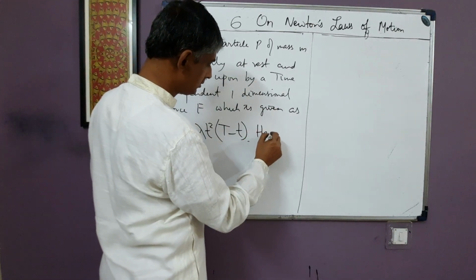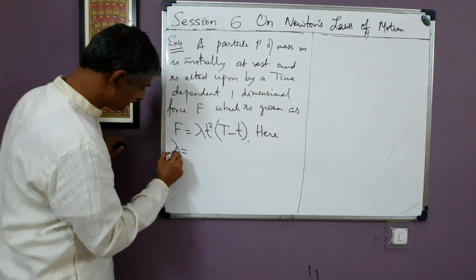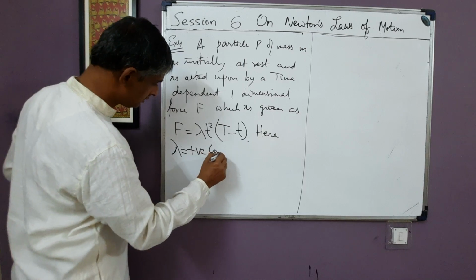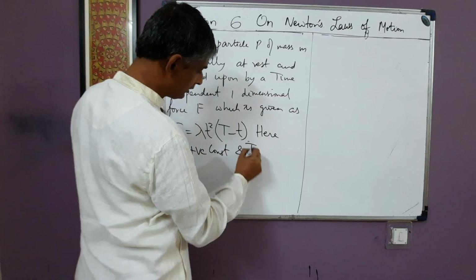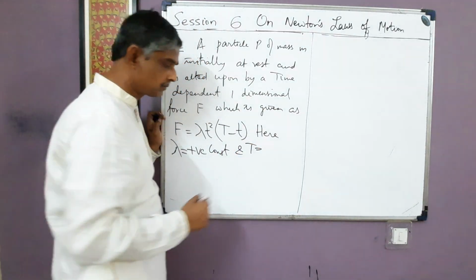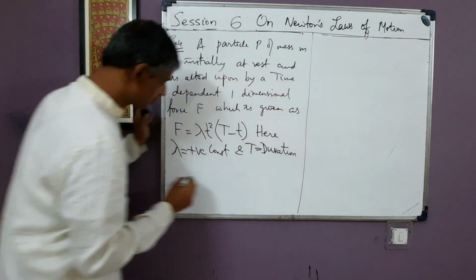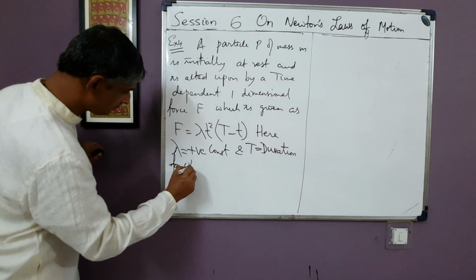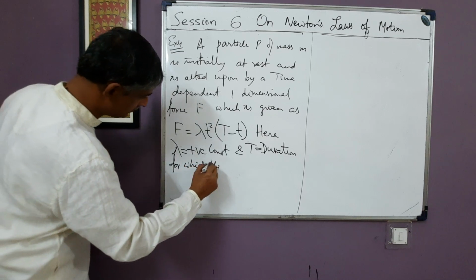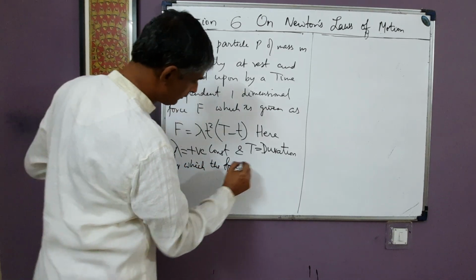Here lambda is a positive constant and capital T is the duration for which the force acts.